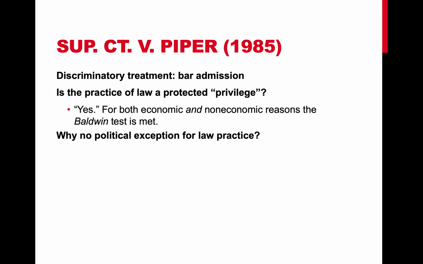The court says a lawyer is not an officer of the state in any political sense, right? So the court discounts this argument that the political exceptions should apply to the job of lawyer. So we have a situation then, unlike the Baldwin case, where the Privileges and Immunities Clause should apply because we have what the court calls a fundamental right that's involved here.